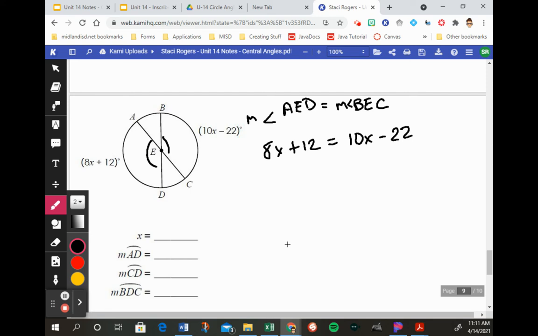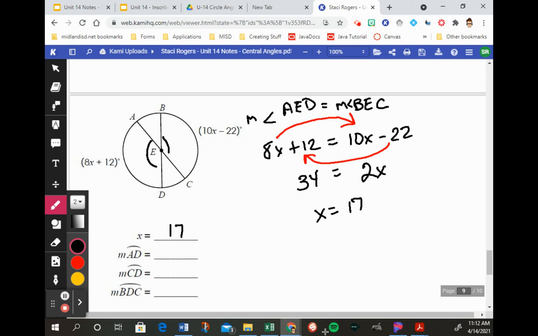So I'm going to move the 8x over here and move the 22 over here. So that will give me 2x. 22 plus 12 is 34. So x is equal to 17.